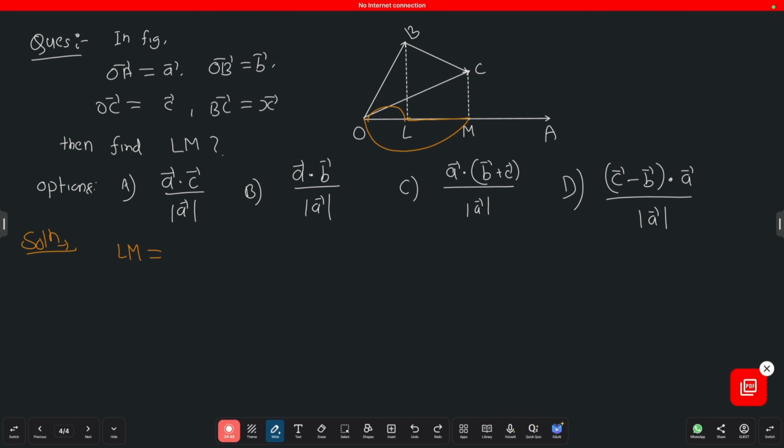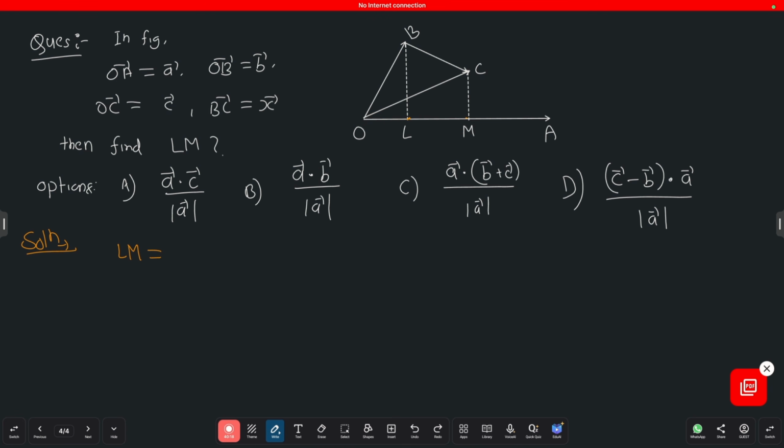What is OM? If you observe this vector and this is perpendicular, OM is the scalar projection of vector OC on OA. And OL is the scalar projection of OB vector on OA vector. We have the formula, so we can get the answer.